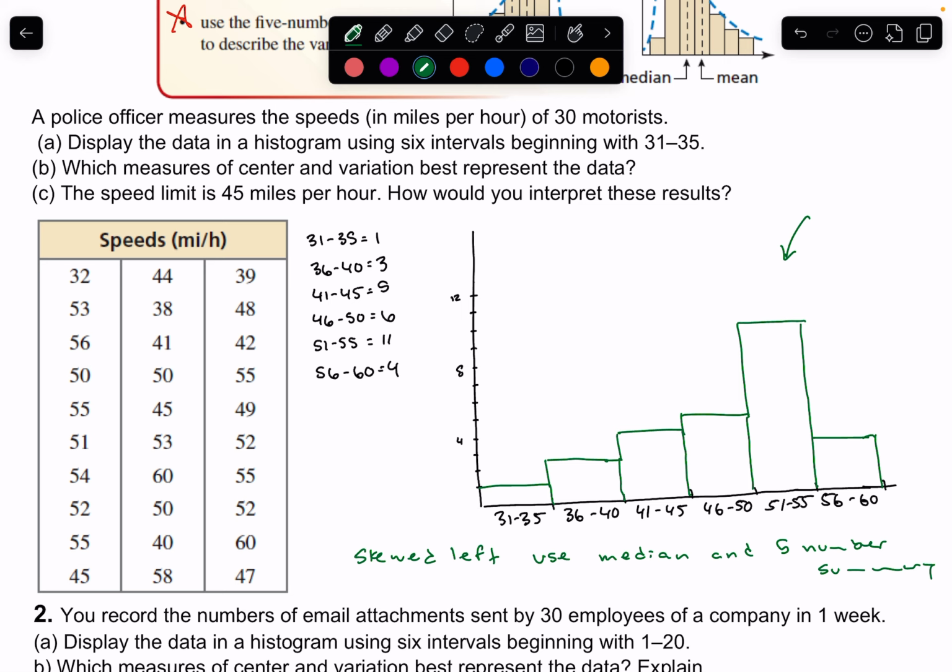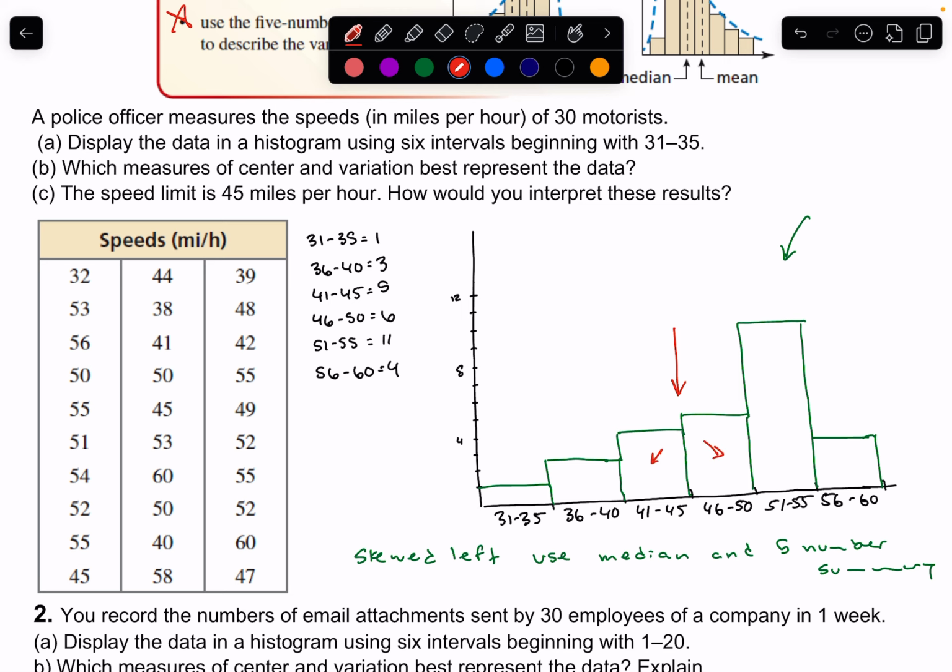Now, the question below says the speed limit is 45. 45 is right about here. How would you interpret these results? Well, when you look at the data, there's about the same number of people going just below as just above, right?